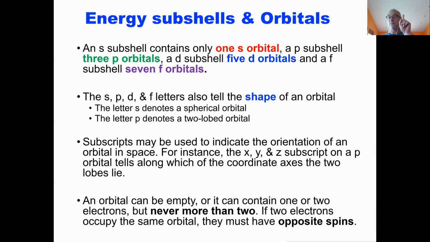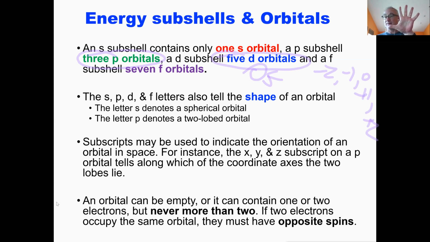So S, 1 orbital, because the value for S is 0. So there's only one place for those orbitals to go: 0. P, remember, its number was 1, so it could be minus 1, 0, or plus 1. D's number is 2, so it can be minus 2, minus 1, 0, plus 1, plus 2.